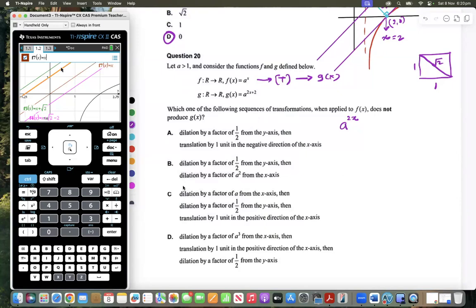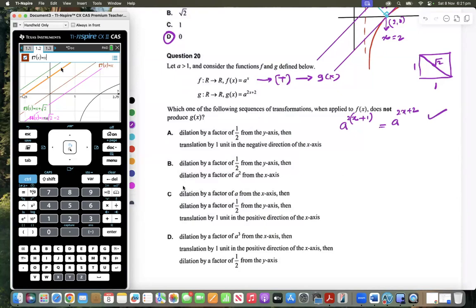So a negative direction means plus 1. So this is equal to a to the power of 2x plus 2. Correct. Okay, I'm getting the appropriate one.